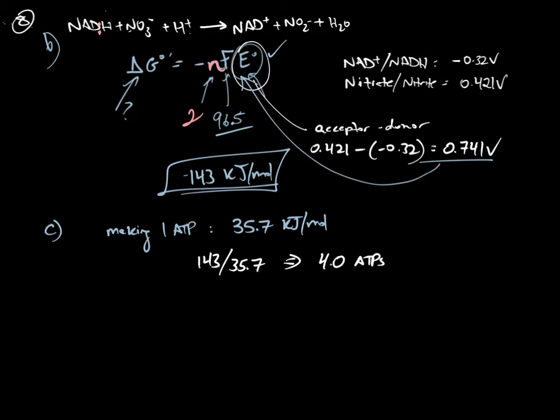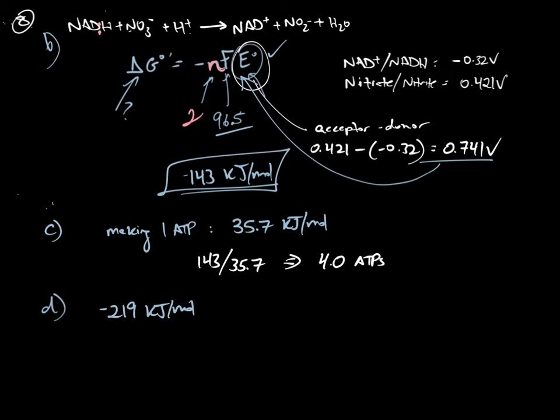Okay, so that's C. D is pretty similar, and it says that the oxidation of NADH by O2, whereas this was by nitrate up here, is negative 219 kilojoules per mole.